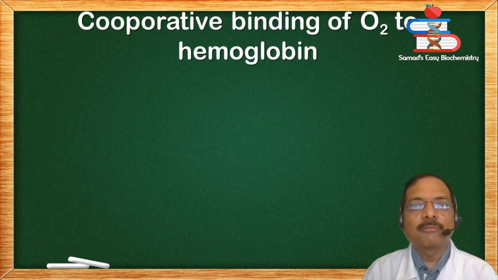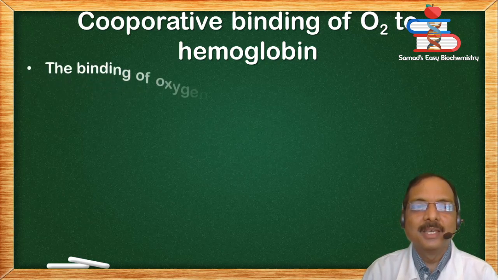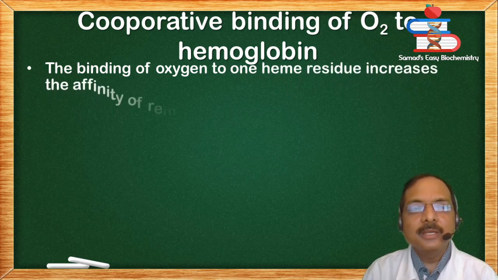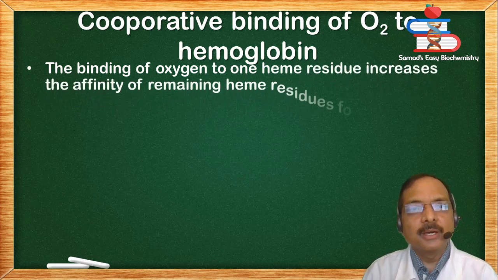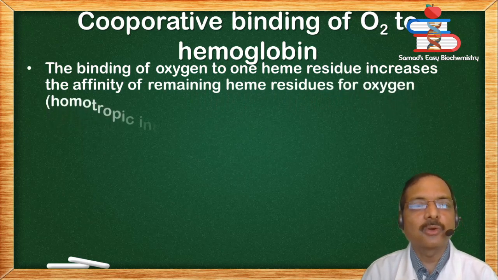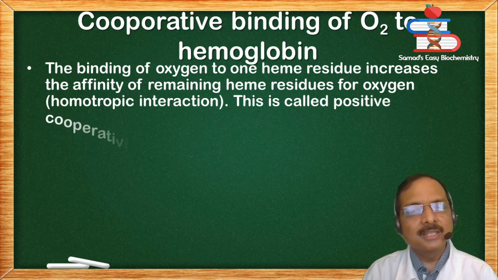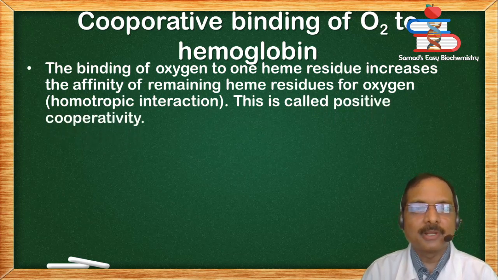Cooperative binding of oxygen to hemoglobin. The binding of oxygen to one heme residue increases the affinity of remaining heme residues for oxygen. Homotropic interaction. This is called positive cooperativity.